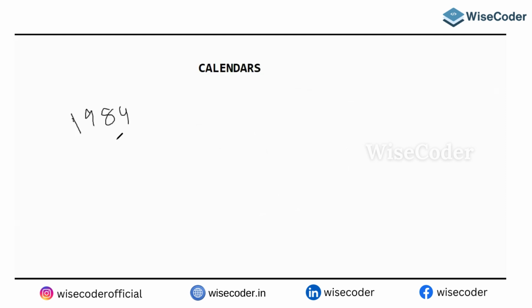1984? Which year will have the same calendar as 1984? People used to write 1984, 2 odd days; 1985, 1 odd day. Stop there.